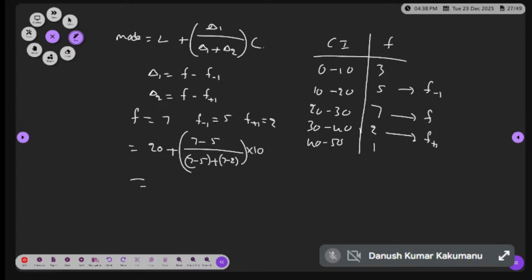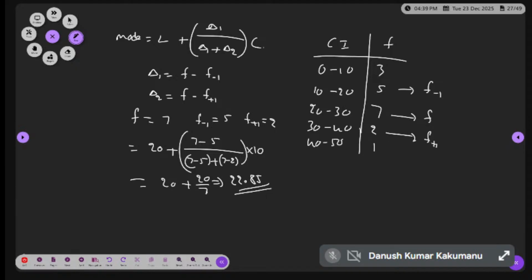Simplify that. What is the answer we are going to get? It is 20 plus 20 by 7, 22 point something, 22.85 something. That is the mode.